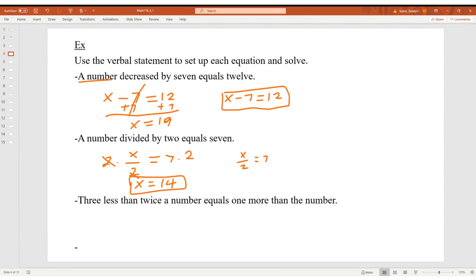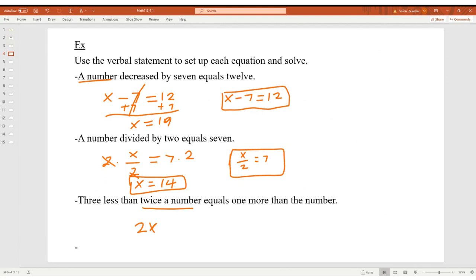Now, don't worry about solving the equation. Our objective is to write the statement as an equation. Let's see the next one: 3 less than twice a number. There is twice a number.